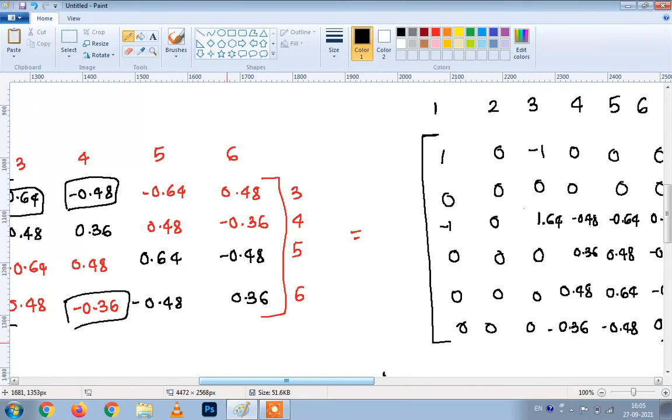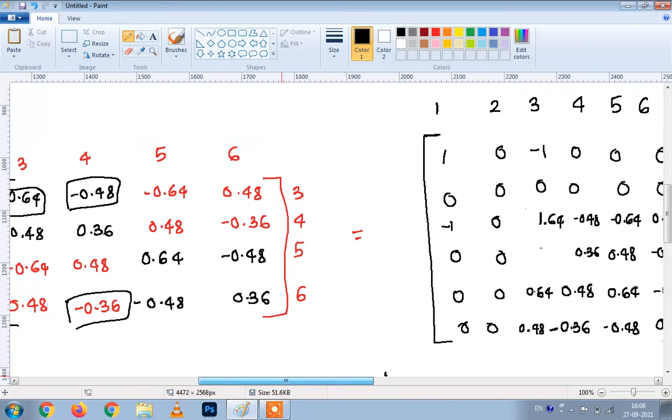Just a small mistake here, one more row is remaining, so we have to add these elements here, not 0. One more row: 0.48, this minus sign is here, 0.48 minus 0.64, so minus 0.64, and here again minus 0.48.